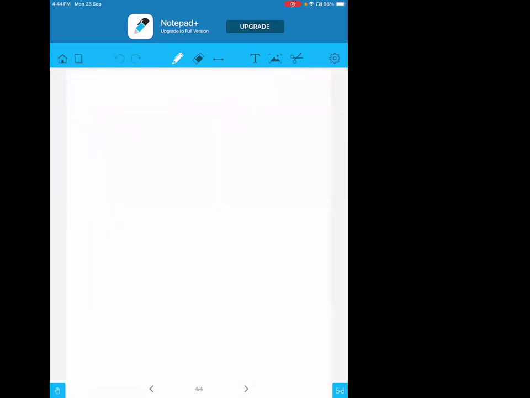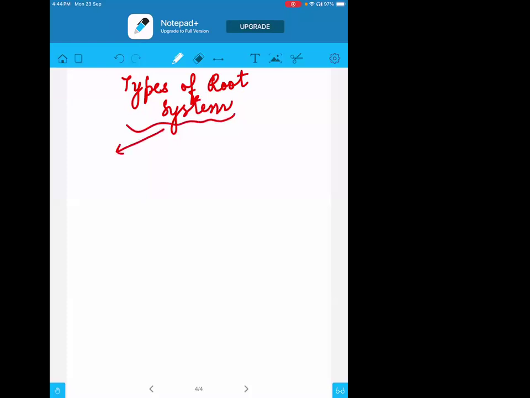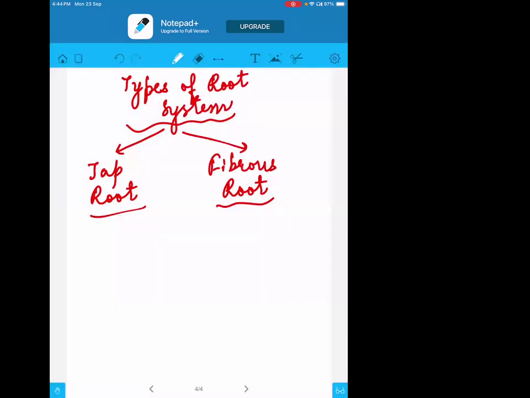Now the next thing, types of root system. Two major types are there: the tap root and the fibrous root. In the case of the tap root, there will be a central main root, and from that central main root many other lateral roots will come out.